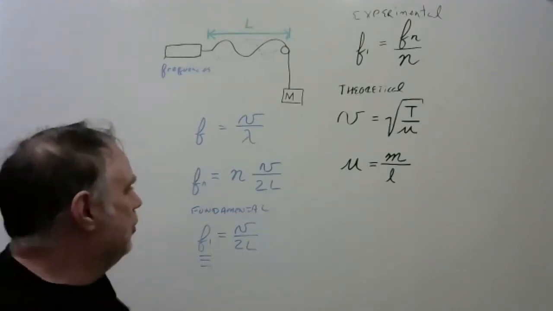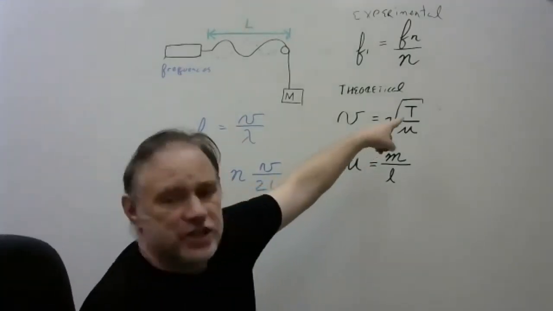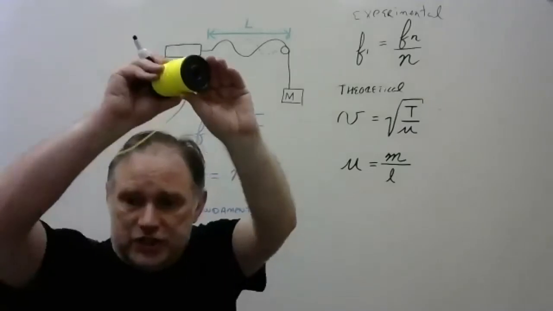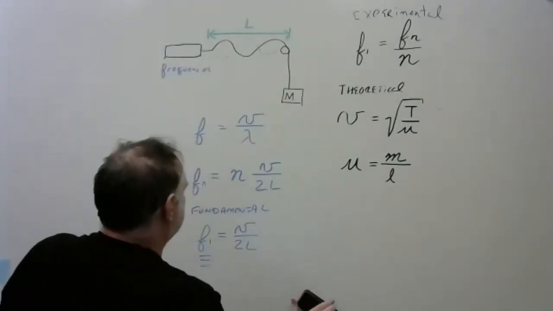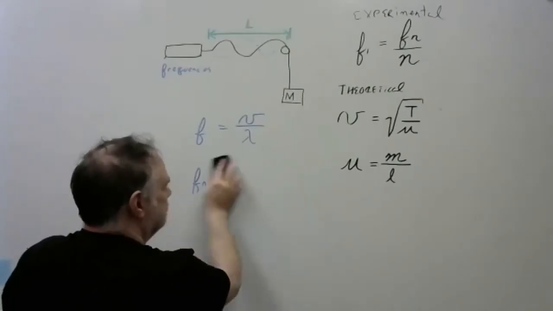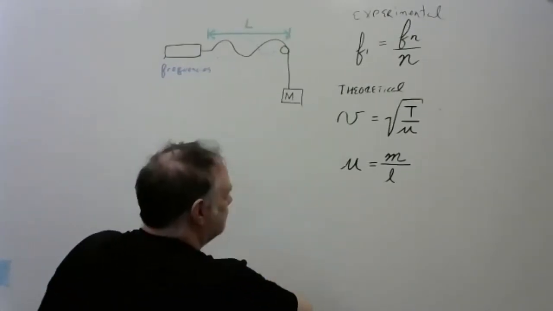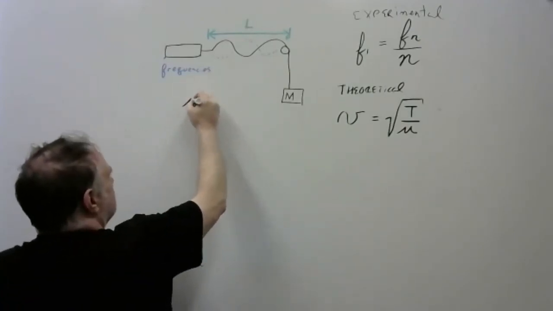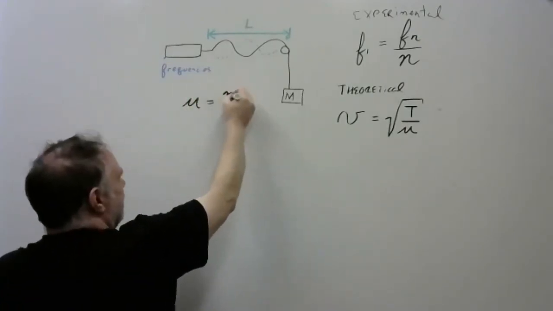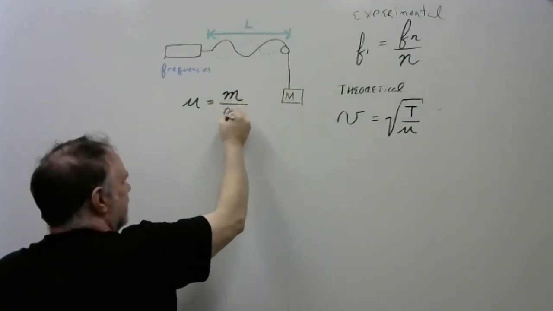Yeah, this mu, we're going to set what the tension is, and this mu depends on the string itself. So that's not going to change for our different waves. Okay, so that's the mu. So let me draw that mu up here. So the mu is equal to lowercase letter m divided by lowercase letter l.